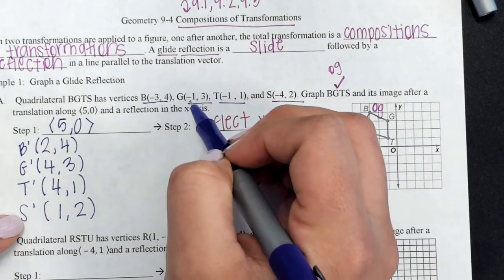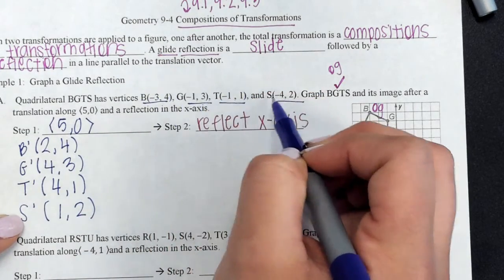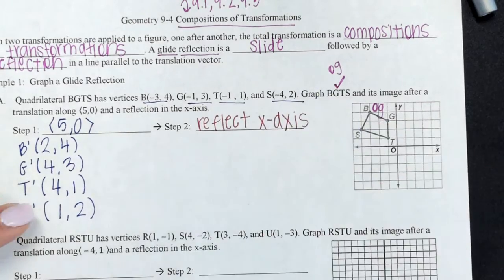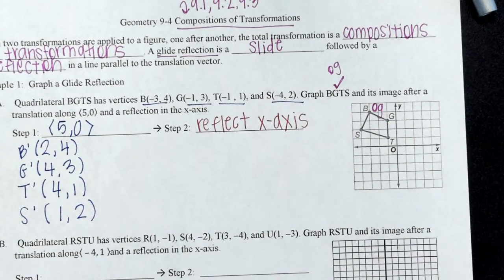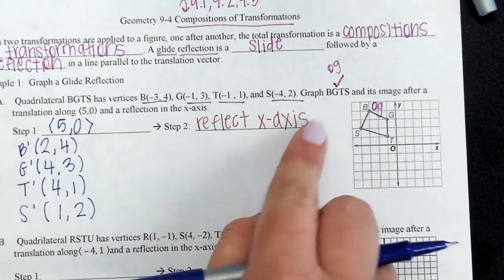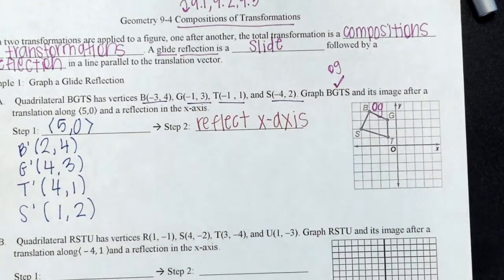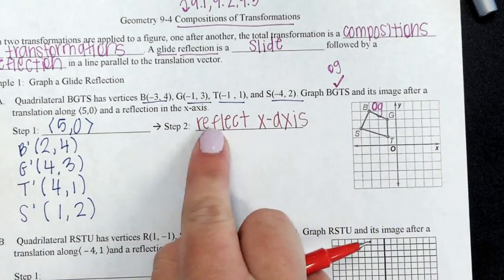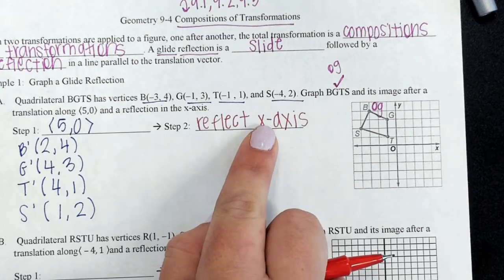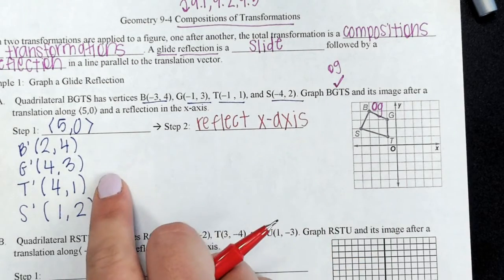Negative 3 plus 5, negative 1 plus 5, negative 1 plus 5, negative 4 plus 5.